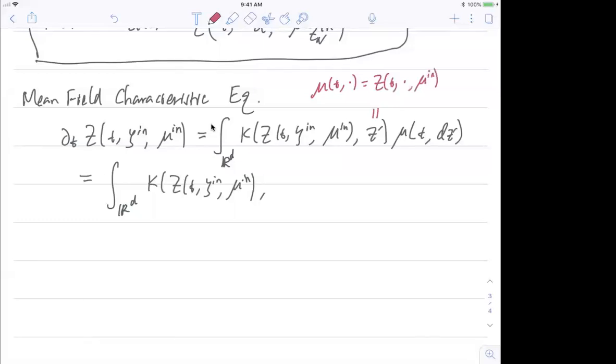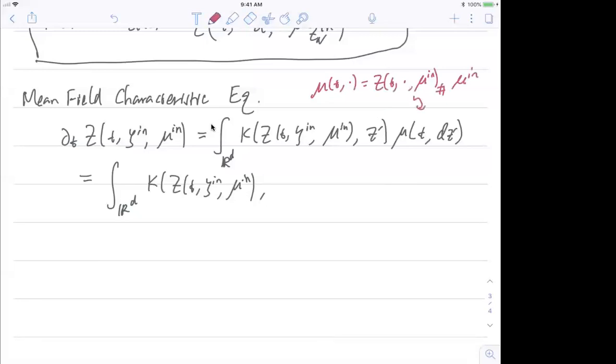If we take the push forward measure of the initial one, we get mu_t. So we use the change of measure formula.